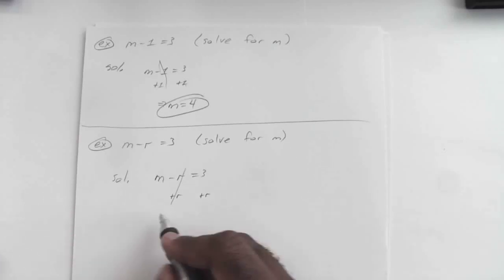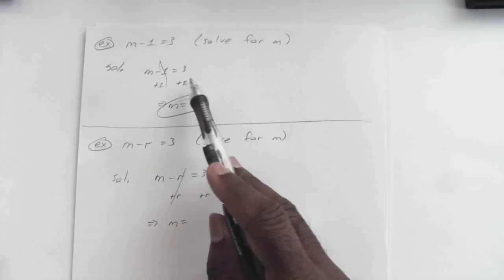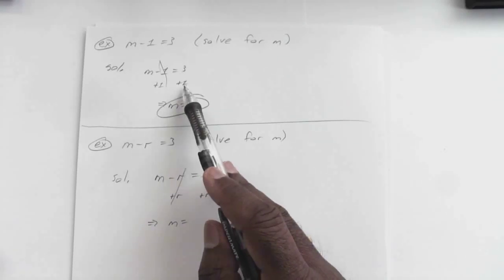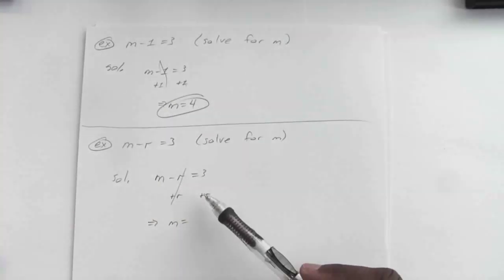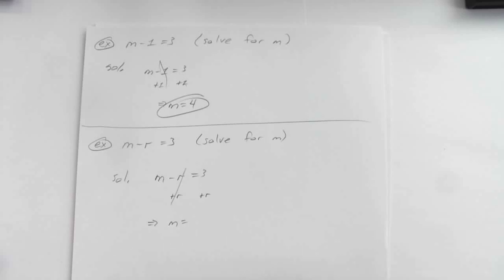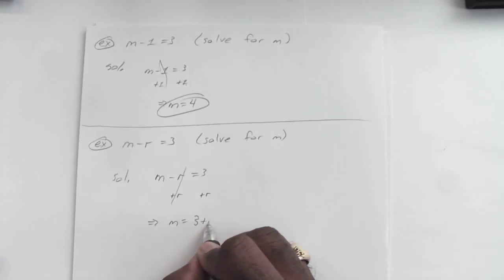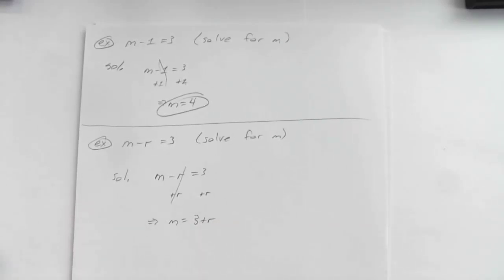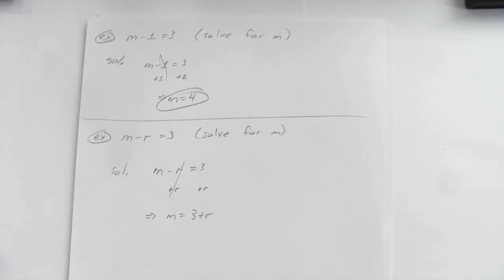Again, those two cancel each other out. So we have m equals, now here you can add 3 and 1, but you can't add 3 and r if you don't know what r is. So you just leave it as 3 plus r. You only combine them if you can. Okay, does that make sense? All right, so we solved for m there.